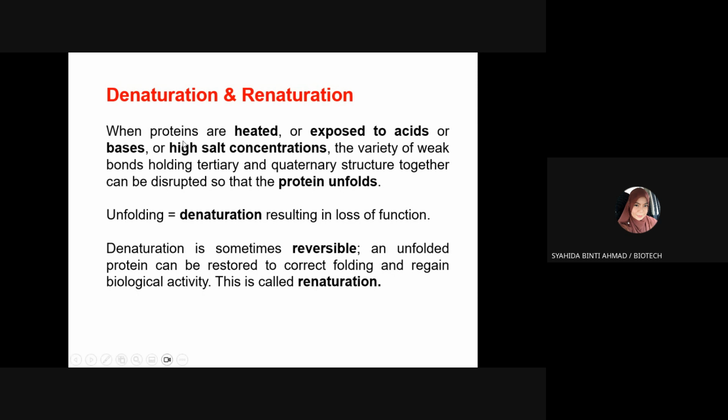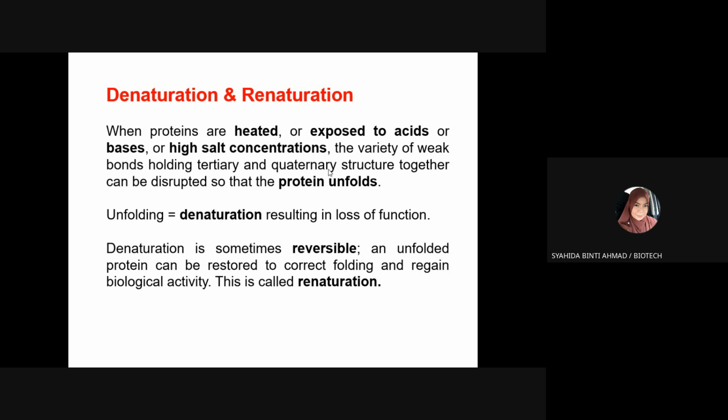For example, if you heat or expose it to acid or high salt concentration, it will cause protein denaturation. Denaturation here means the protein structure, which is bound or folded through cysteine or hydrogen bonding, will unfold. When it unfolds, it will lose its function, right?